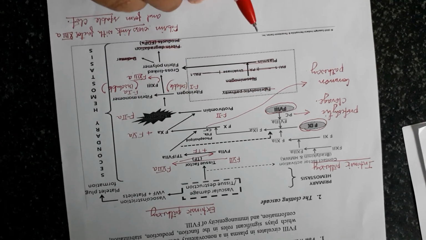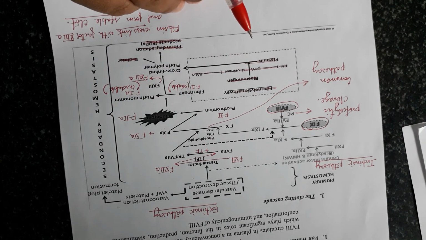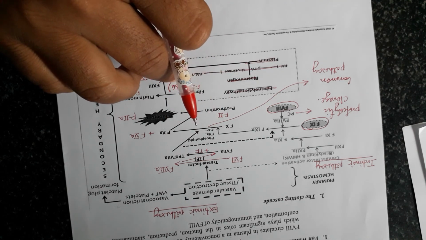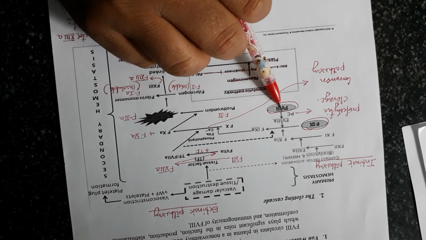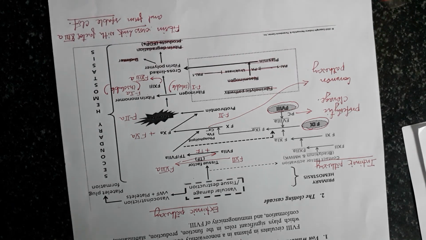So this topic becomes very easy for students who understand the mechanism of blood clotting well. Simply circle factor 8 and factor 9, because hemophilia takes place because of the lack of these factors. If factor 8 is lacking, it is hemophilia A. If factor 9 is lacking, it is called hemophilia B.